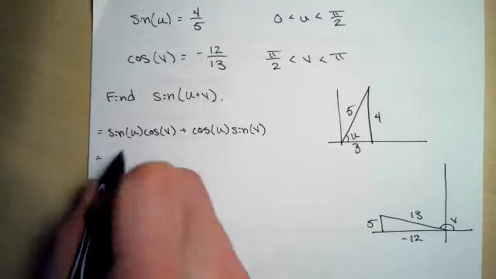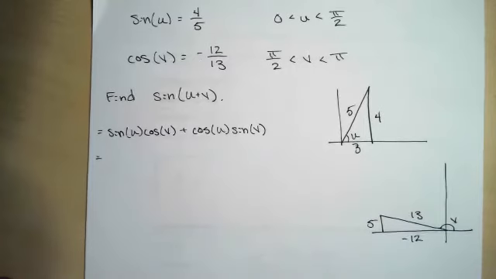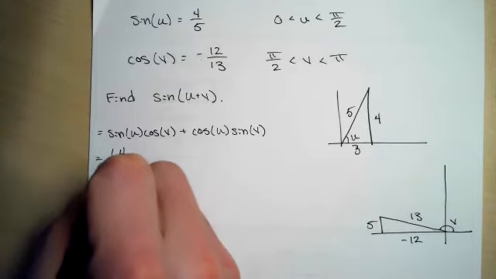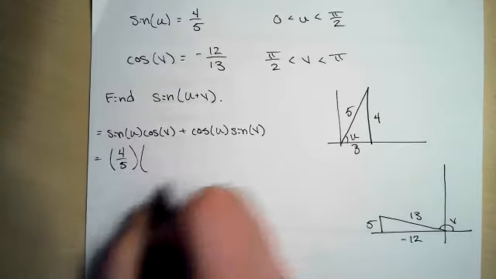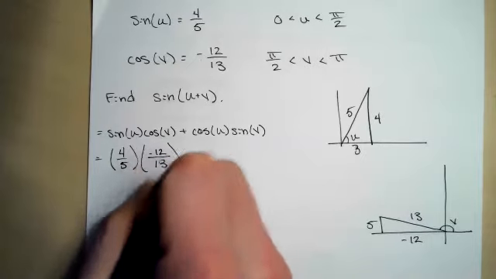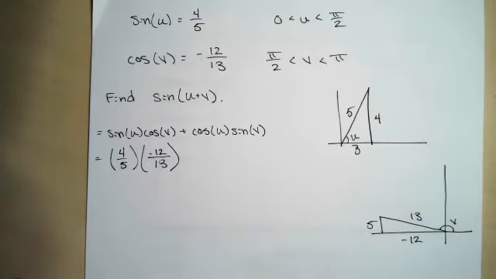And now, once we have everything spelled out in terms of evaluating trig functions on u and v, we've also got our triangles. You just have to plug in the numbers. So sine of u was 4/5. So they gave us that one. Cosine of v, they also gave us negative 12 out of 13.